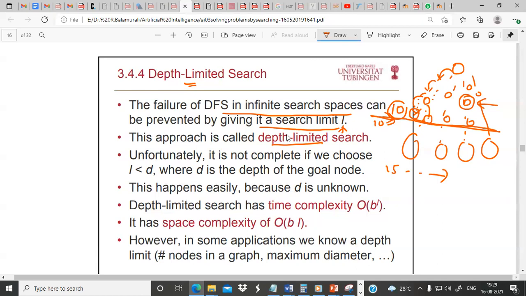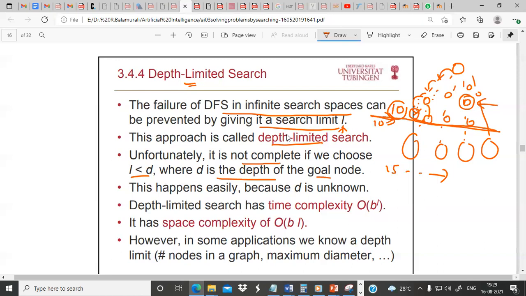Then also the algorithm fails. Unfortunately, it is not complete if we choose L less than D, where D is the goal node. Sometimes this algorithm with a search limit L may not be complete.